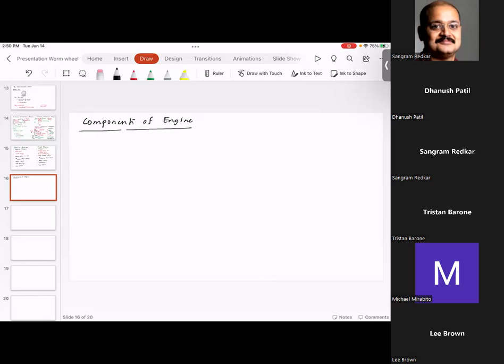If you look at the engine, it will have a cylinder, then it will have a piston, there will be inlet plenum, there will be exhaust plenum, there will be valve, and assuming it's a spark plug engine, you will have a spark plug. I'm gonna call this spark plug.